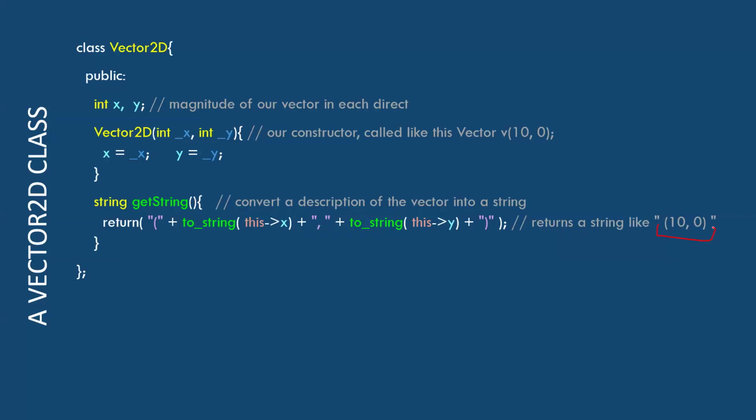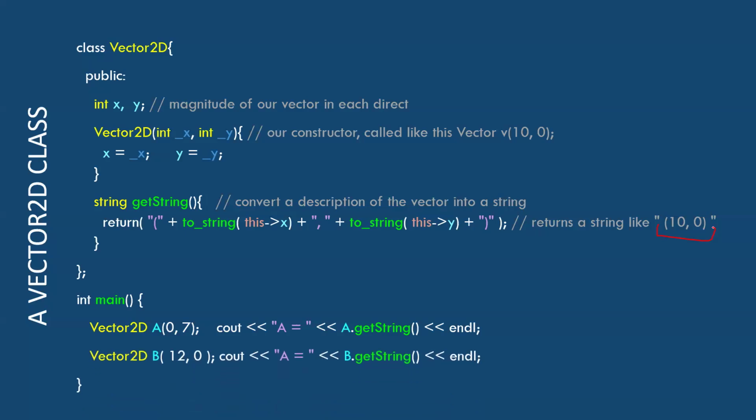So whenever I want to debug my code, I can just print out or get string on my vector and see what that thing looks like, which is otherwise tedious to do. So I create it, I print it, create another one, print that one, but we want to be able to, of course, add these things together, okay?